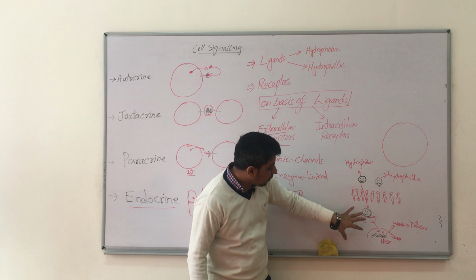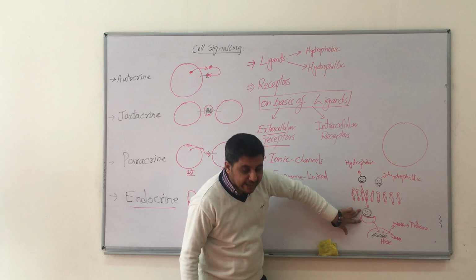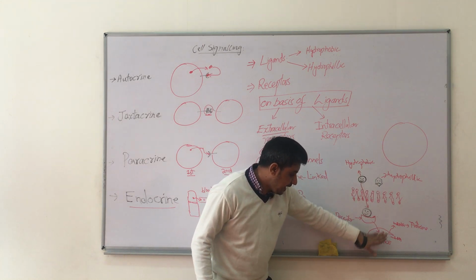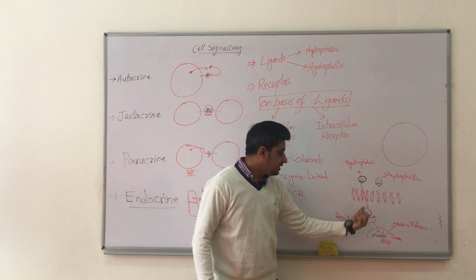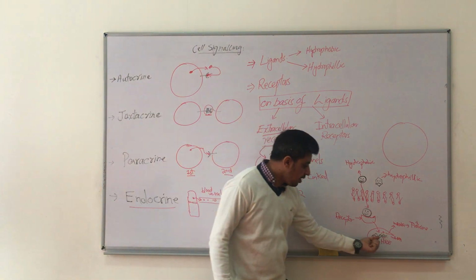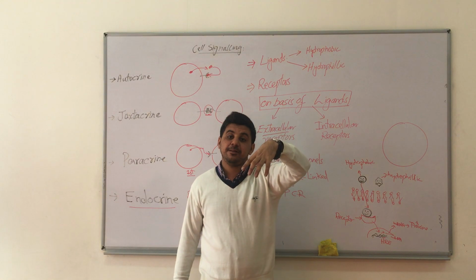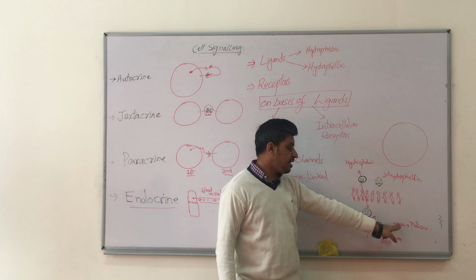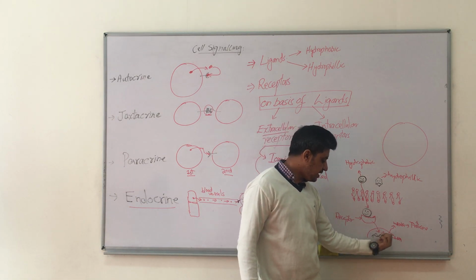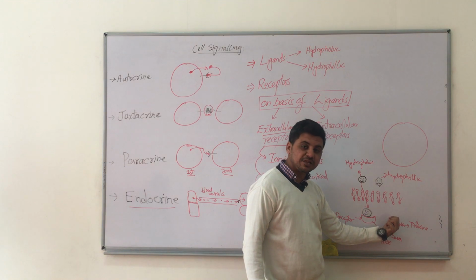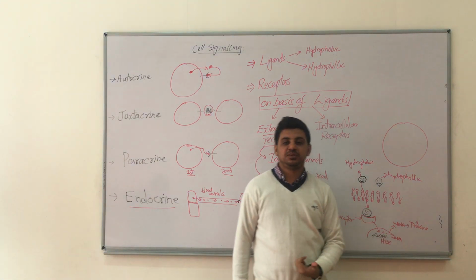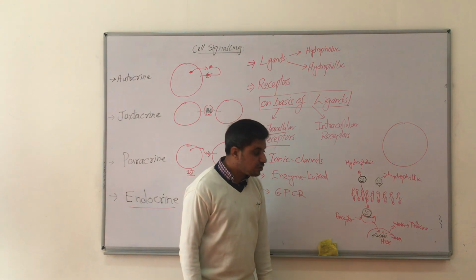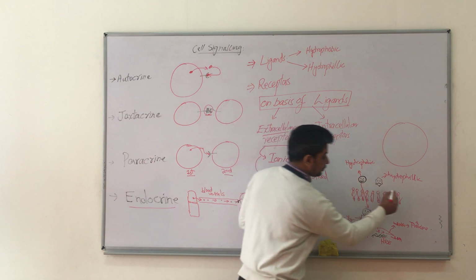There will be the formation of a receptor-ligand complex, and this complex will go inside the nucleus, and the ligand will get attached to the hormone response element present on the DNA. After that, messenger RNA will be formed, and it will translocate from the nucleoplasm to the cytoplasm, and it will form the protein by the process of translation. That was about the hydrophobic compounds. But what about the hydrophilic compounds? What will they do?